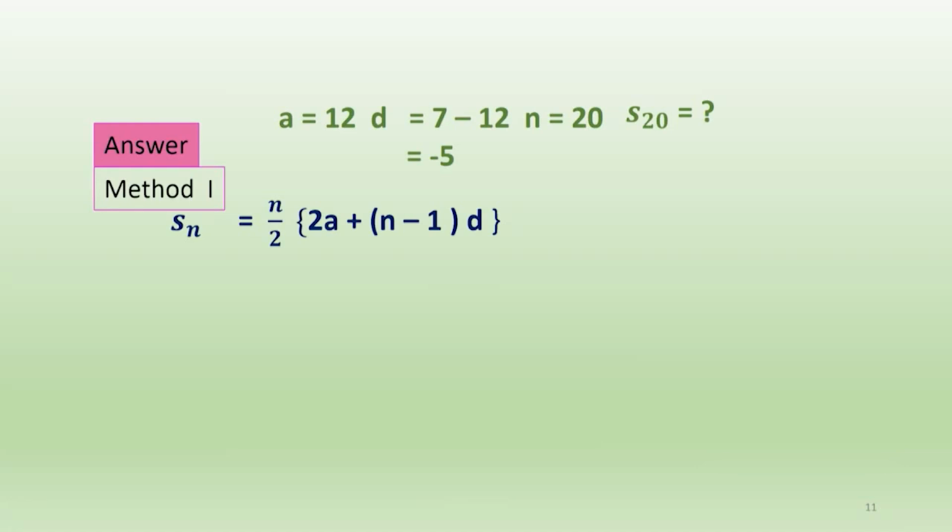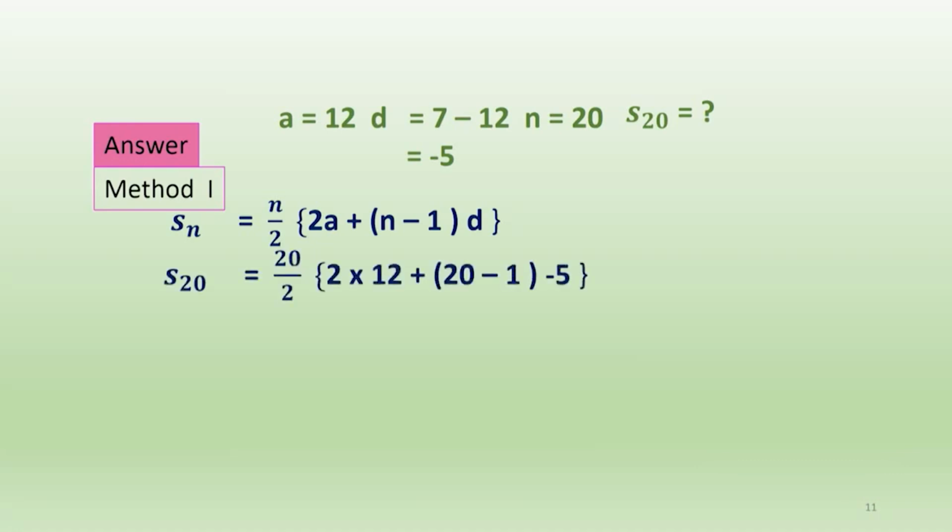When you are substituting the values, you should be careful, because there are some minus signs. When you are dealing with the minus sign, you should be aware, because sometimes you may get a wrong answer when you are not caring about those minus signs. Okay, then I am going to substitute them.